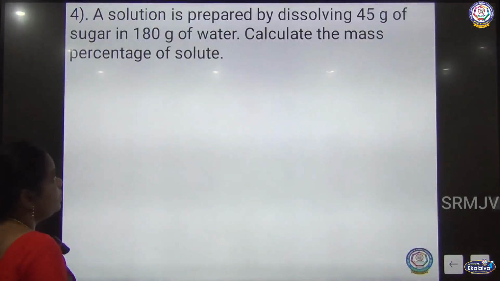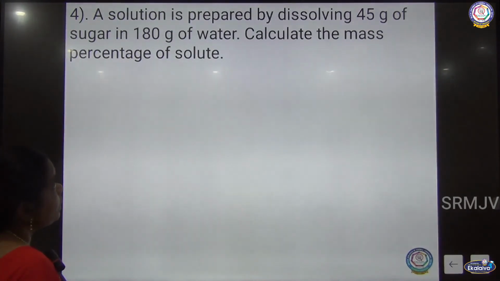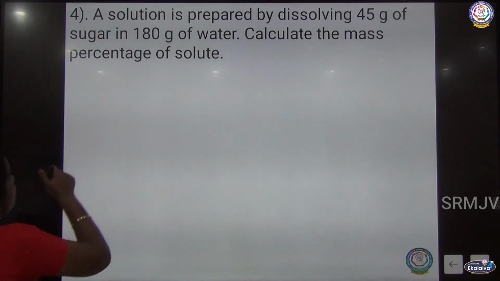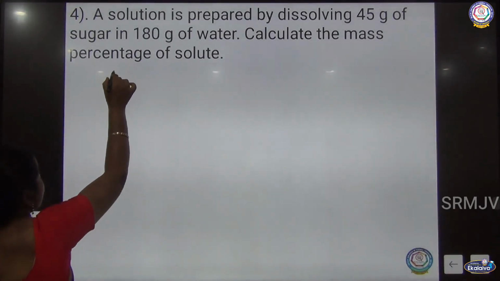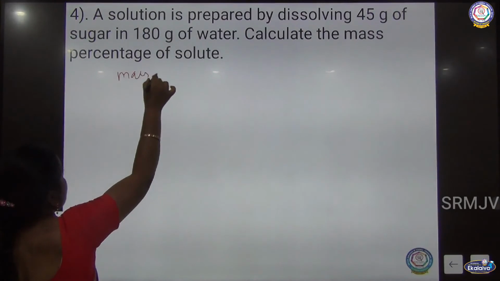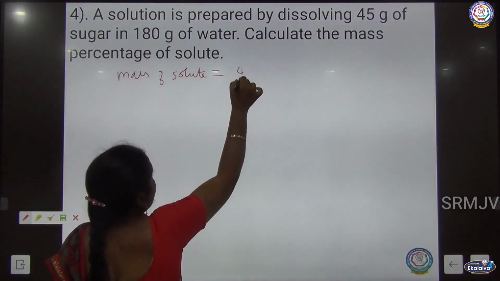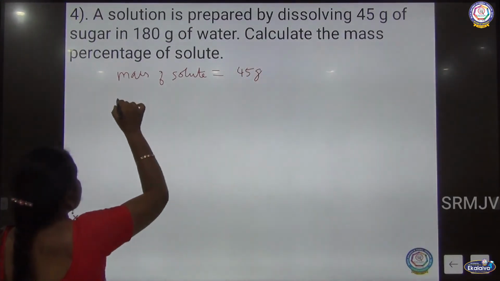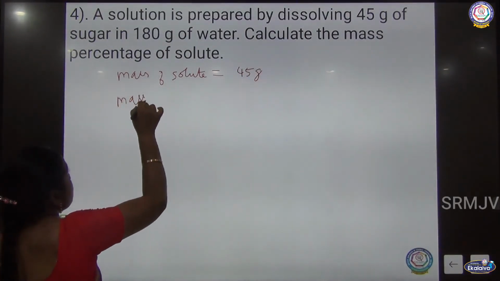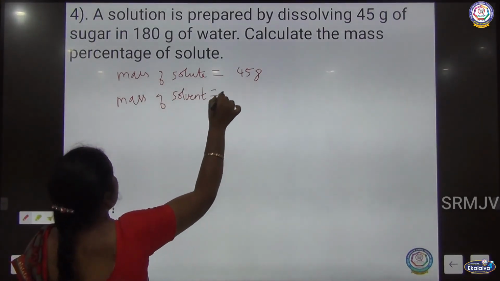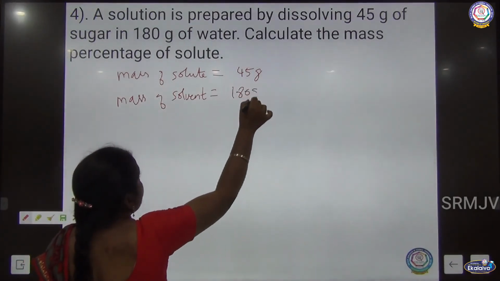And next one, the mass percentage of solute present in the given solution. So mass of solute equal to 45 gram. Mass of solvent 180 gram.